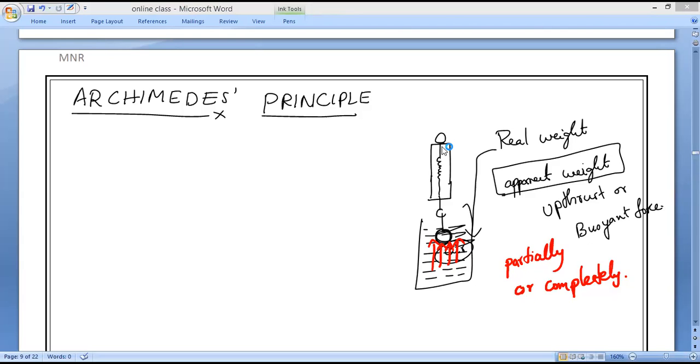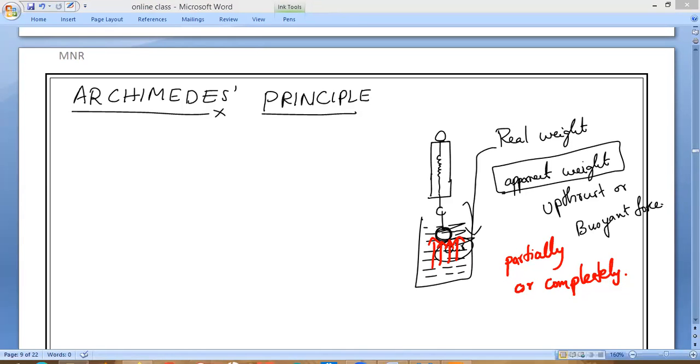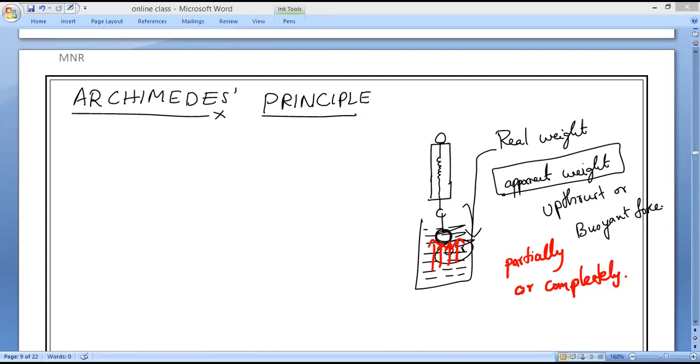You might remember that image. It is there in our book also, Figure number 55: Experiment to study the magnitude of buoyancy force. Magnitude means the amount of buoyancy force.